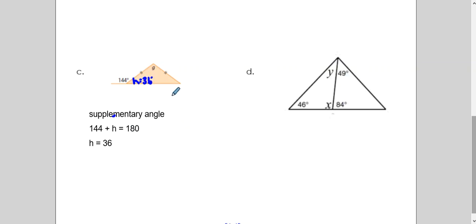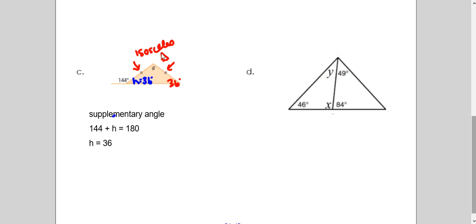Well, how do we find G? We have a triangle. We know that's going to add up to 180. What do we know? Oh, what do these mean? I have equal sides. This must mean isosceles triangle. Therefore, this guy has to be 36 degrees.